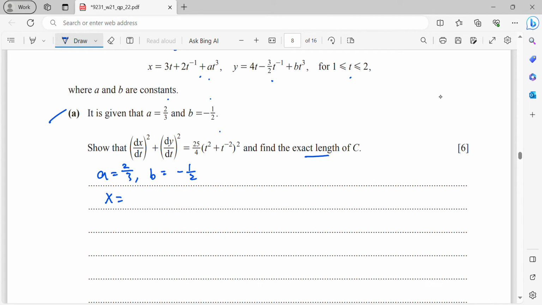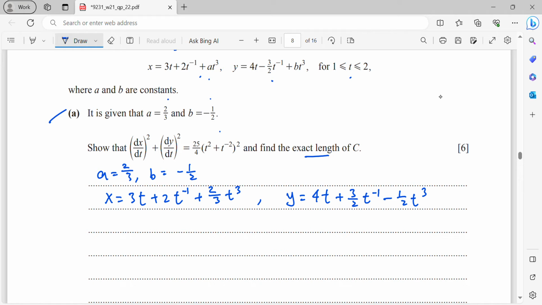So now my x is 3t plus 2t degree negative 1, then plus 2 over 3 t cubed. Okay, then my y is going to be 4t plus 3 over 2 t degree minus 1, then minus half t cubed.